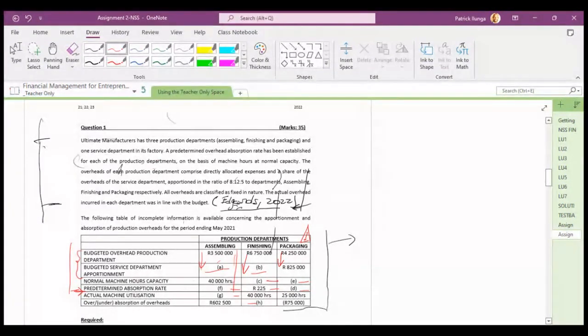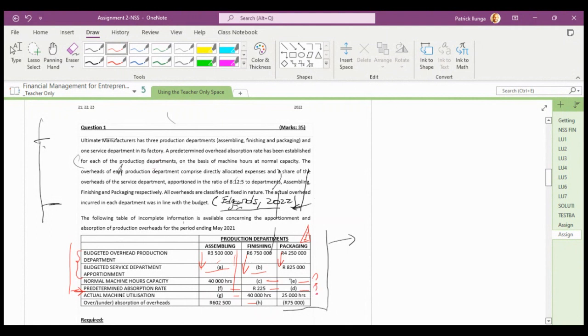So this is quite useful, that you solve first A to F, and then you go to G. The only issue that you will have here is that for the packaging, you do not have the normal machine hours capacity given. This is an unknown. And then you do not have the predetermined absorption rate, which is also an unknown.